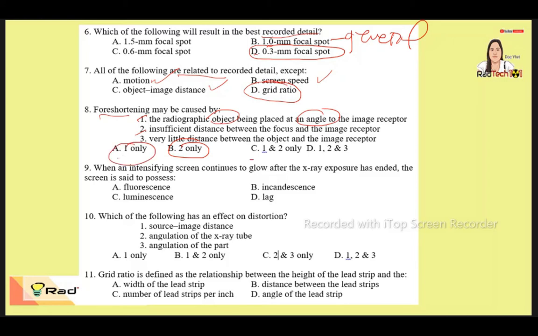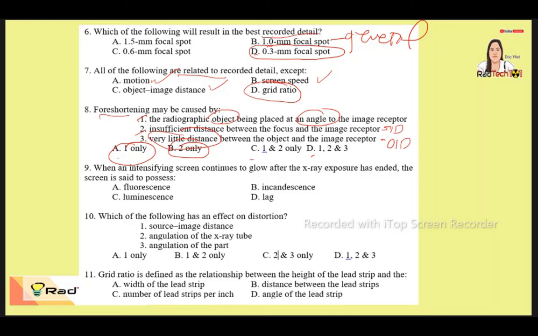So, dalawa na lang yung pagpipilian natin. So, the very little distance between the object and the image receptor, or this refers to, this one is SID, this one refers to OID. So, ang binigay na statement dito is very little distance. Ibig sabihin, nakadikit yung ating part sa ating image receptor, and that is the recommended distance, di ba?